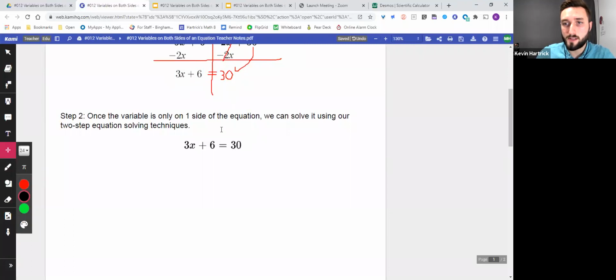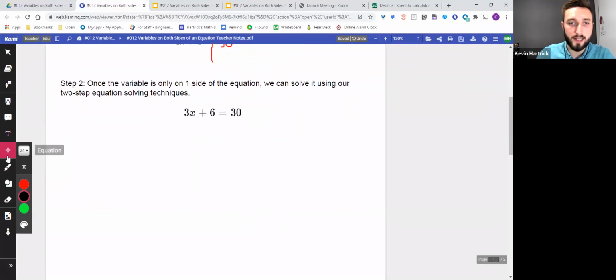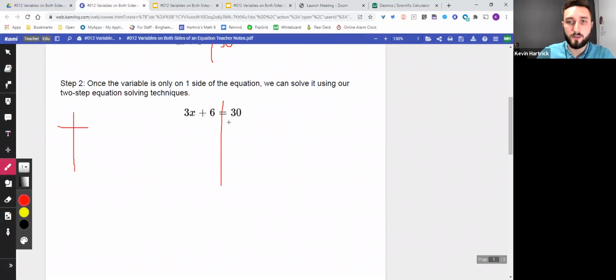So I've brought this equation down here, and now we're just going to solve it like a regular two-step. If you would like to do your do-undo, go ahead and do that. I'm going to skip that for now because I think people are starting to figure out how to do that without the actual table. But if you need it, go back. Notice, the first thing that's happening to this variable is the multiply by 3, and then the addition of 6.